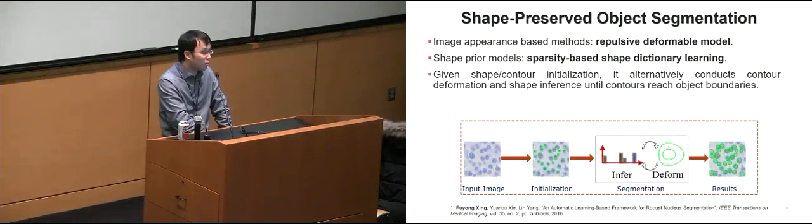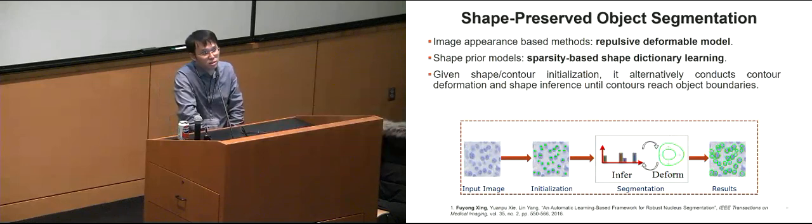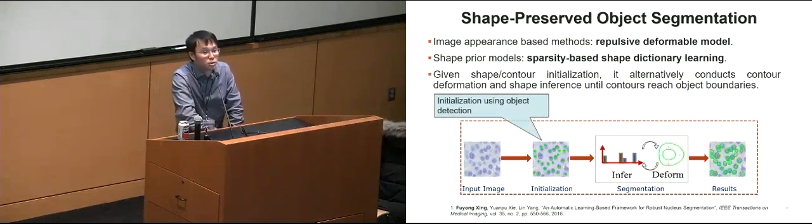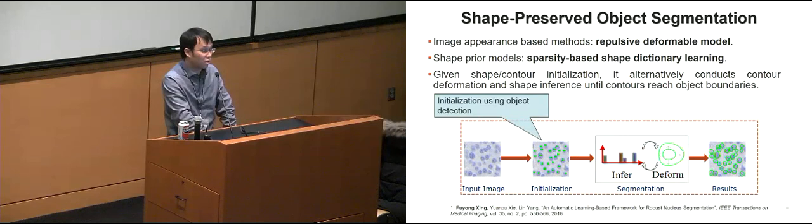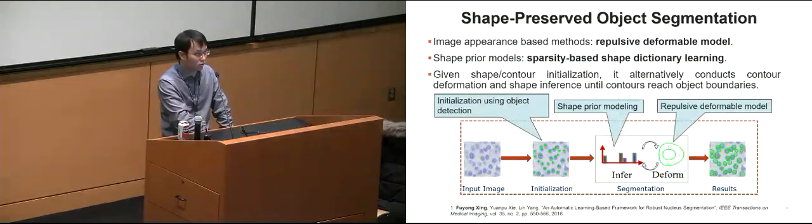And for the shape prior modeling, we developed a sparsity-based shape dictionary learning. Given the initialization, which is provided by the deep neural networks that we talked about a few minutes ago, and given these locations, we run this model to alternately perform contour deformation and shape inference, and repeat this procedure until the contour moves to the real object boundaries.